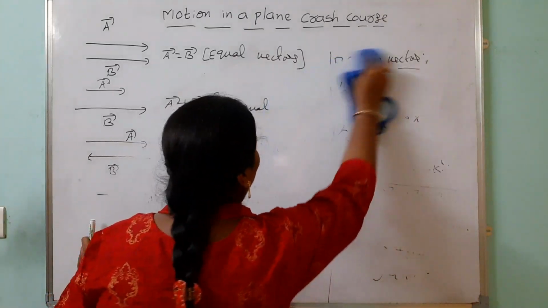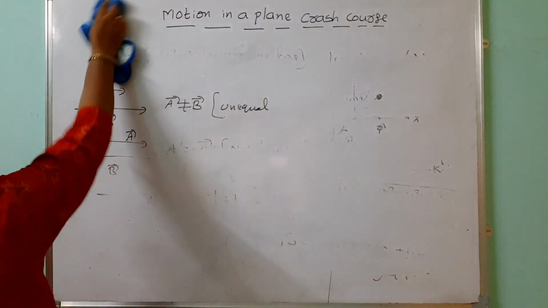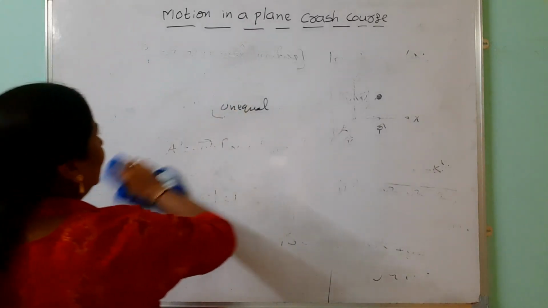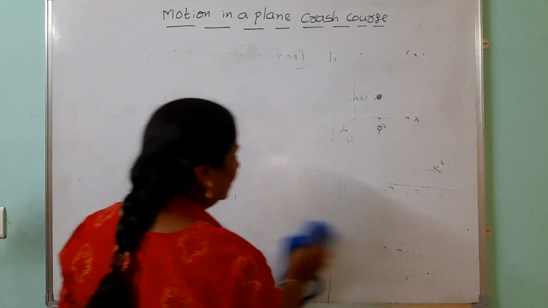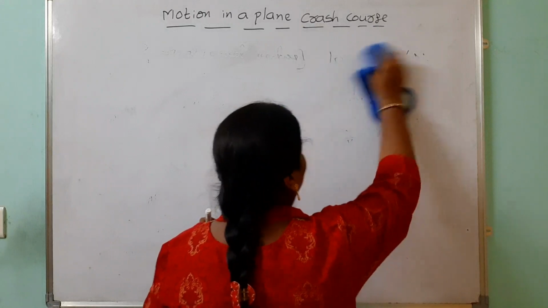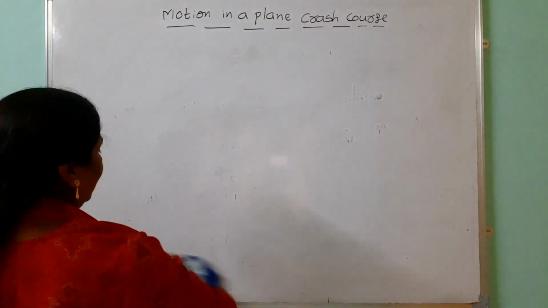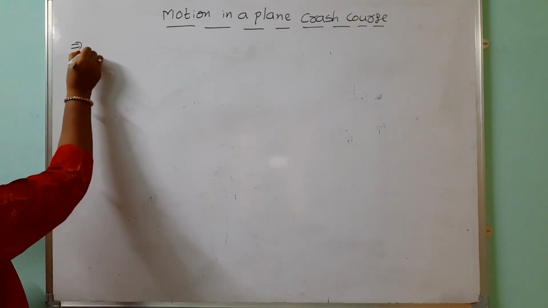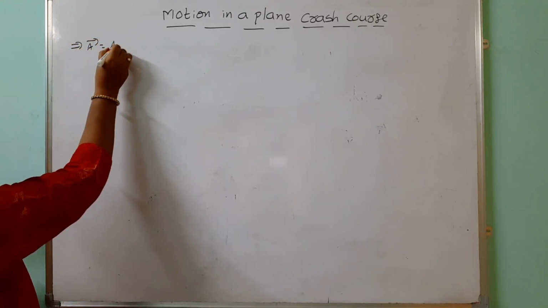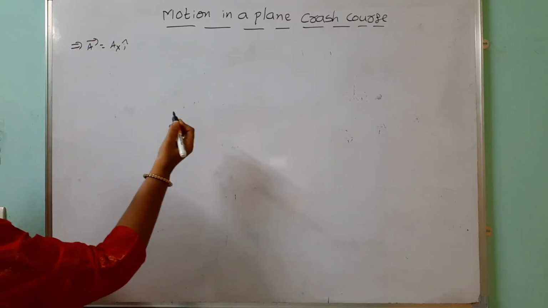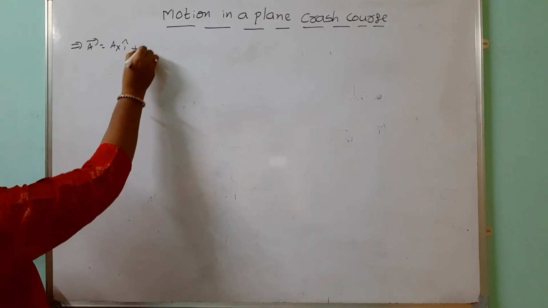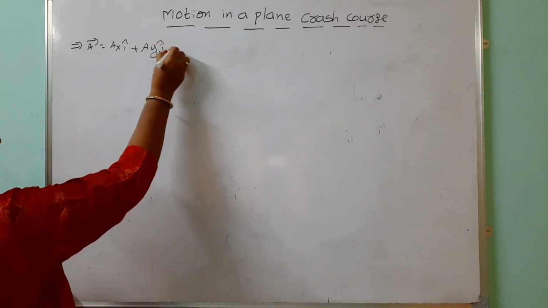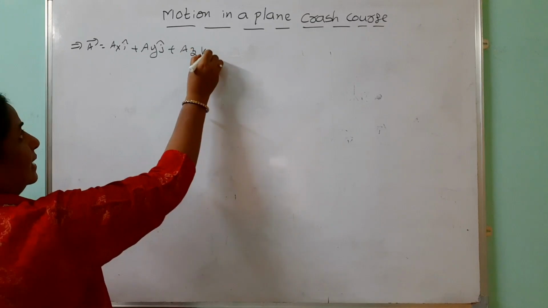Now we focus on what is the resolution of the vector. And before that I want to tell you how to find out the unit vector of any vector. Suppose we take one vector, a bar equals ax i cap plus ay j cap plus az k cap.